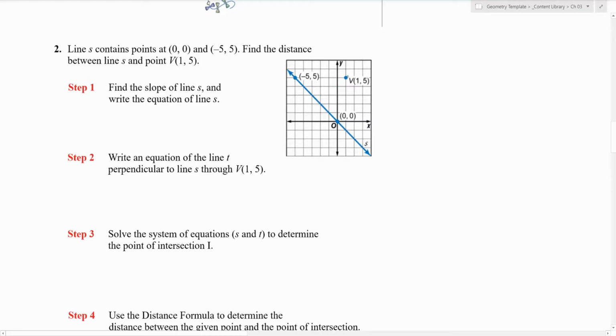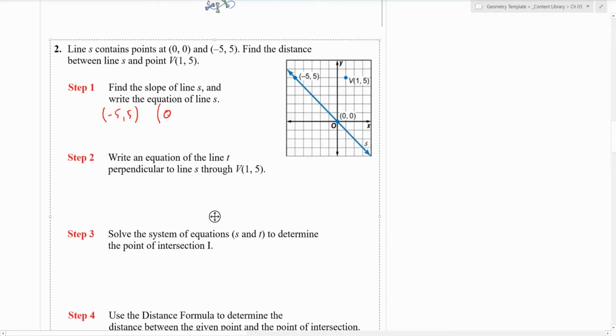So we need to find the line segment that joins point V and S that is perpendicular to line S. First let's find the slope of line S. We're given 2 points, (-5, 5) and (0, 0).